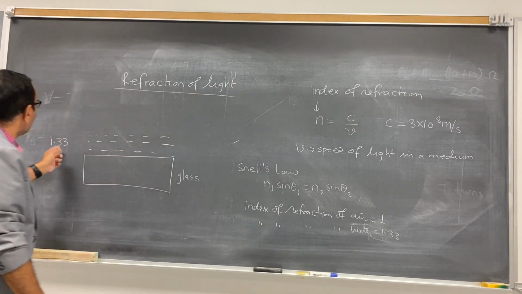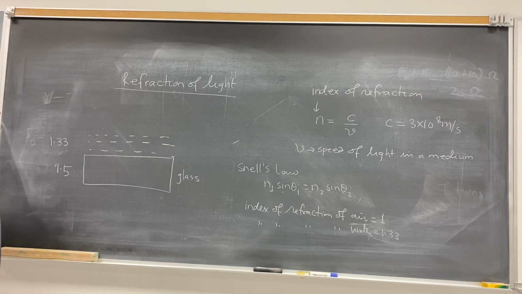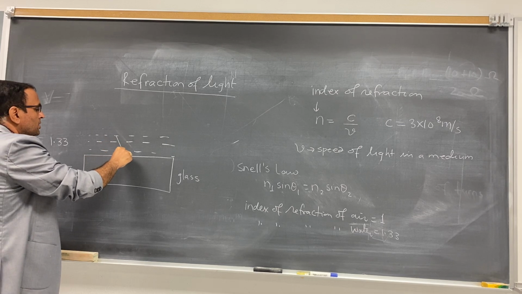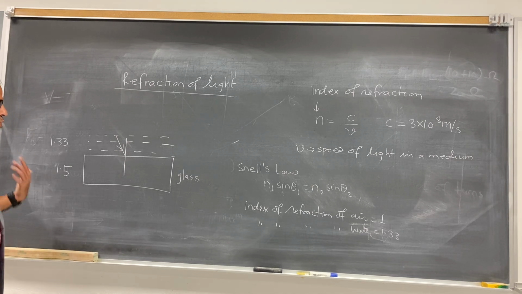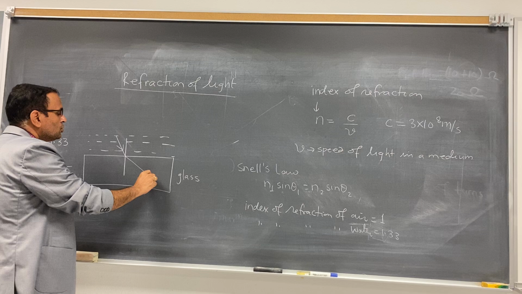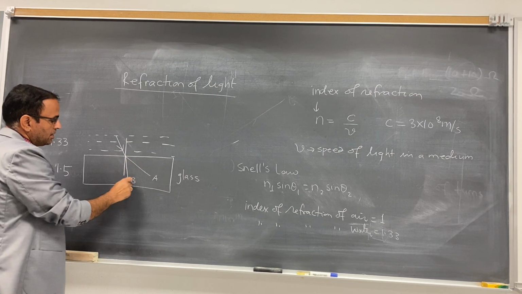Water has 1.33 and glass is, let's say, 1.5. If the light is traveling from water to glass, what happens then? Does it bend toward the normal or away from the normal? This way or this way? What do you think? A or B?